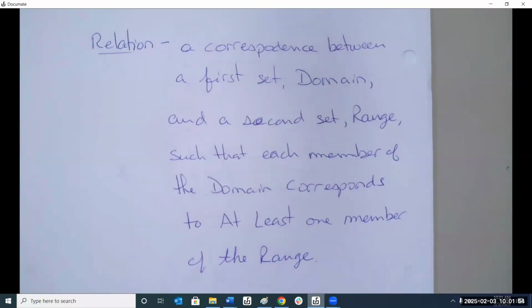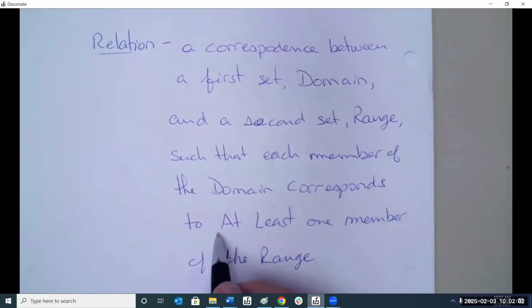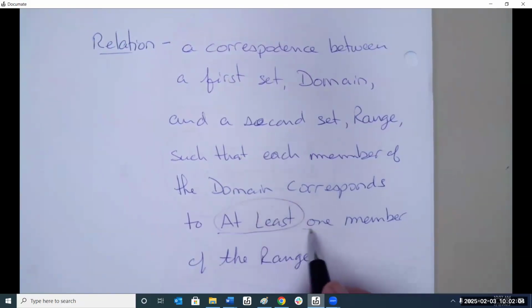A relation is a correspondence between the first set of the domain and a second set, the range, such that each member of the domain corresponds to at least one member of the range.